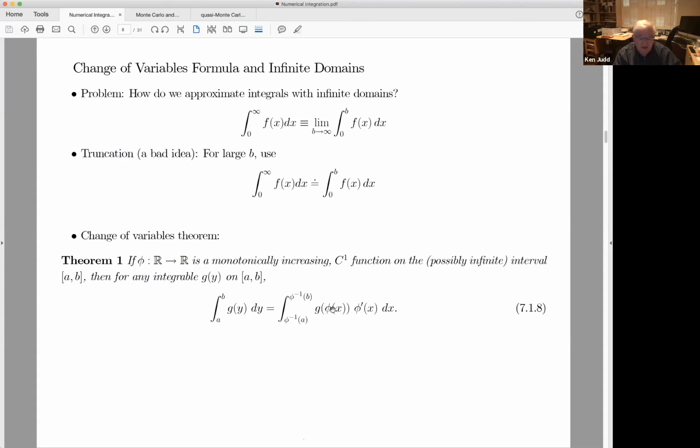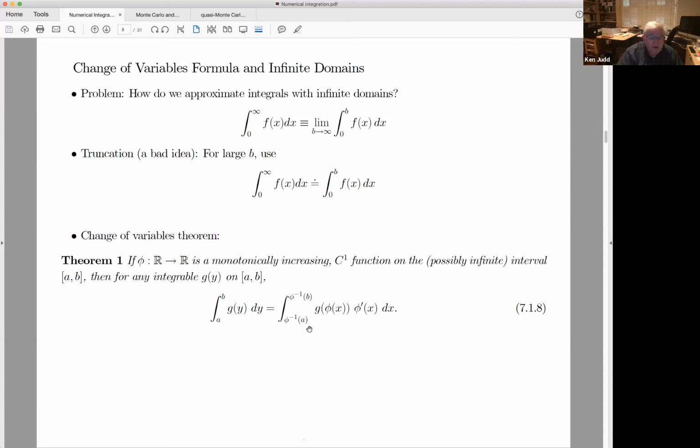You come up with some function phi, which is defined on AB, but its inverse maps to some finite range of numbers, and then you do this nonlinear change of variables.